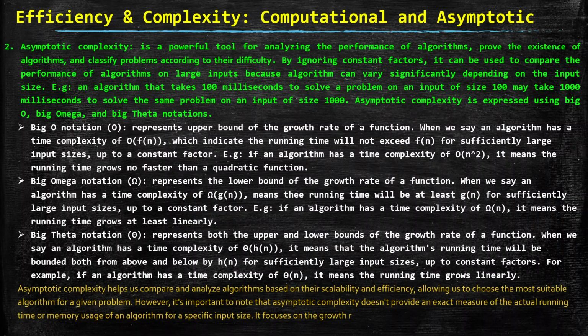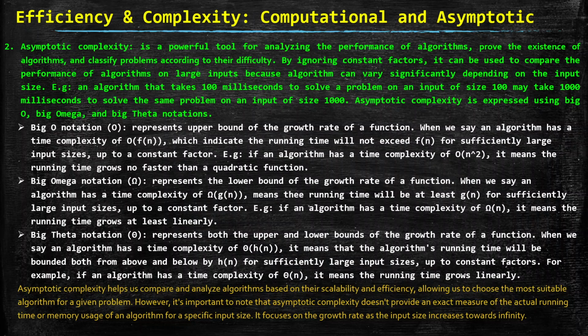So in this way we can conclude that asymptotic complexity helps us compare and analyze algorithms based on their scalability and efficiency, allowing us to choose the most suitable algorithm for a given problem before writing the program.